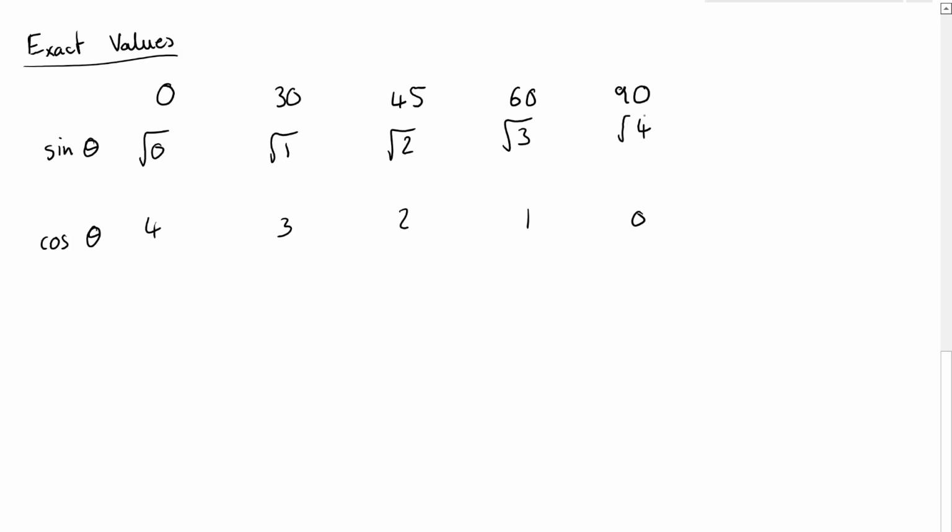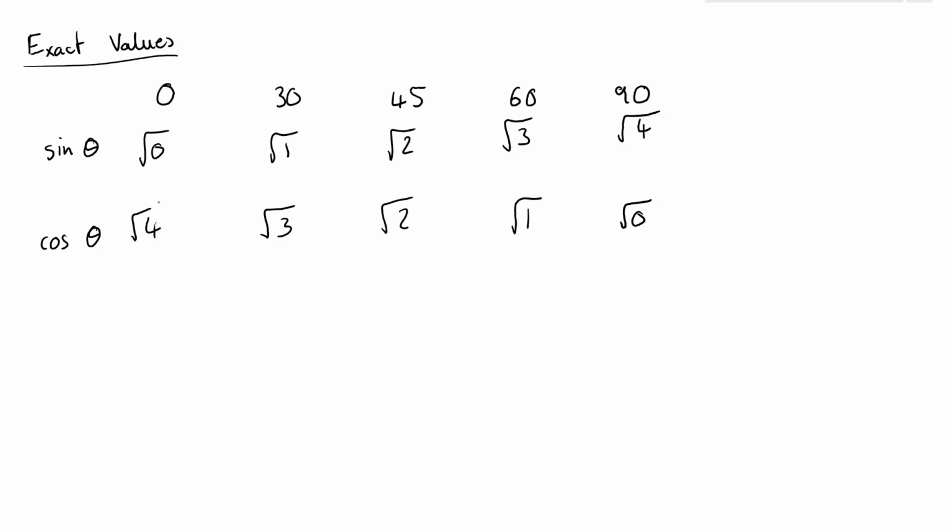And some of these numbers will only stay as square roots. So for example, the square root of 2 is a surd. We can't really do anything with the square root of 2. But the square root of 4, or the square root of 1, or the square root of 0, we'll be able to simplify. So we'll get down to the simplifications in a second.